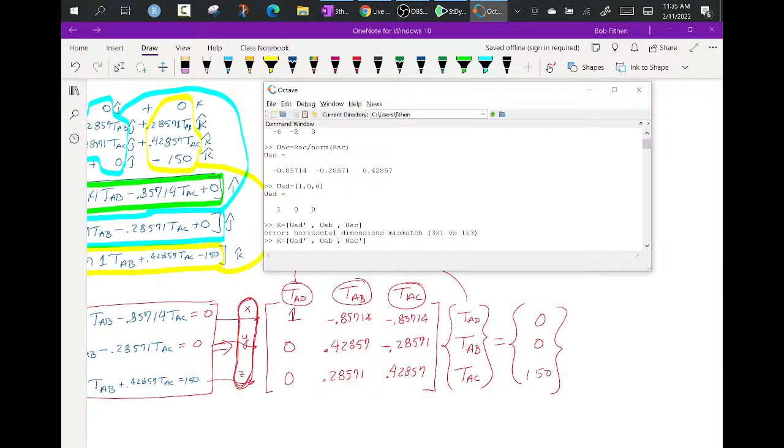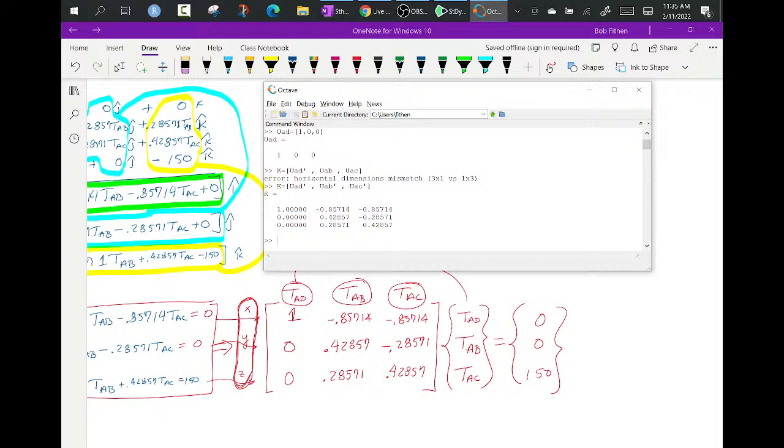I have to look real close here. Okay, now let's take a pause here and look at what I did. I know this is not a MATLAB course, but at the same time, let's take a look at the first thing.